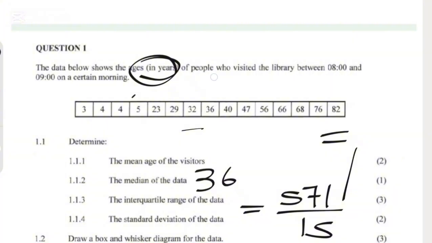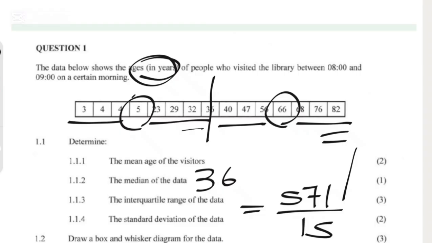Since you have 15 data, this is the middle. You have 3 here, you also have 3 here. This is Q1. Q1 is 5. You have 3 here, you have 3 here. Q3 is 66. This is Q1, this is Q3, this one is Q2.